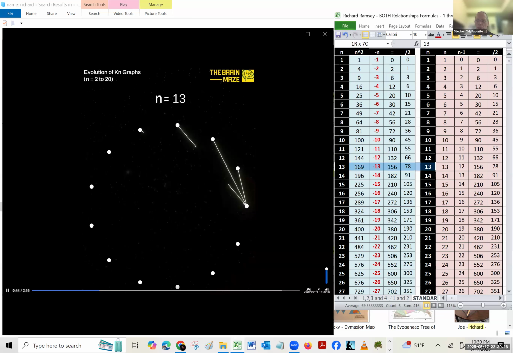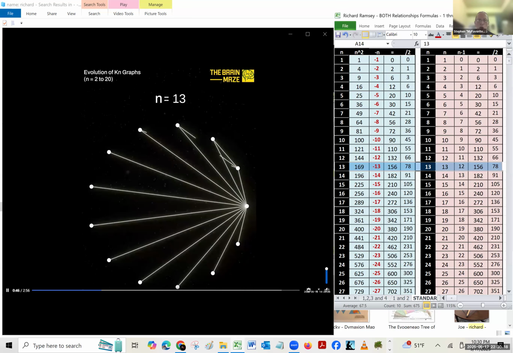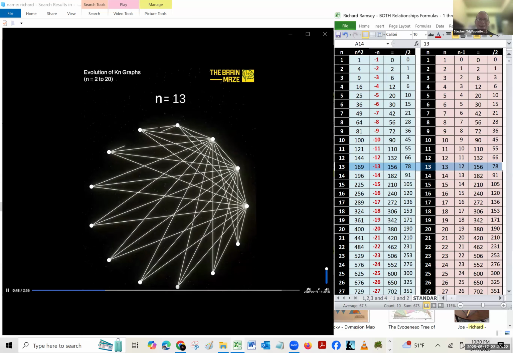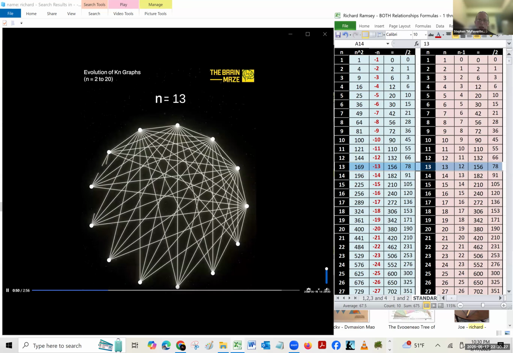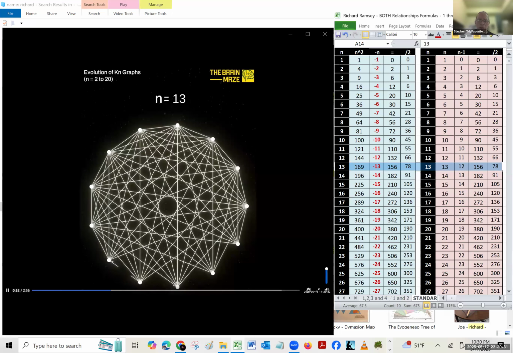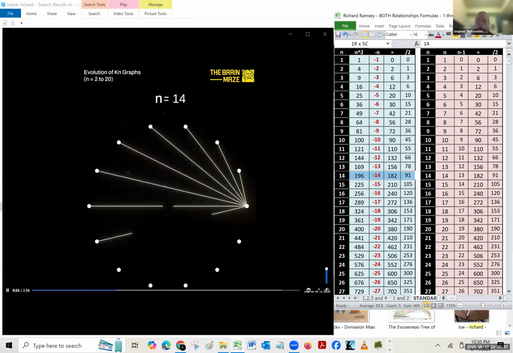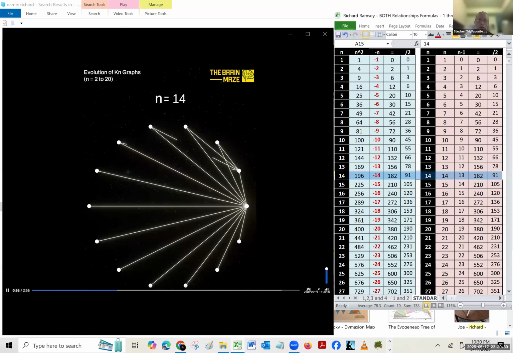I think I can talk a little bit now. What we noticed was when n is an uneven number, a polygon appears in the center of the diagram, and we've counted: the number of sides in the polygon is equal to n.